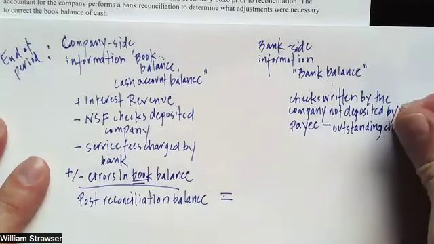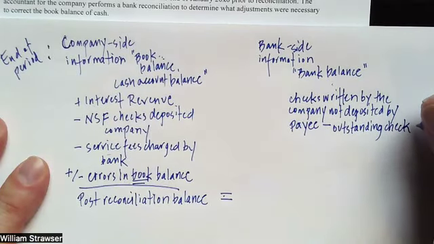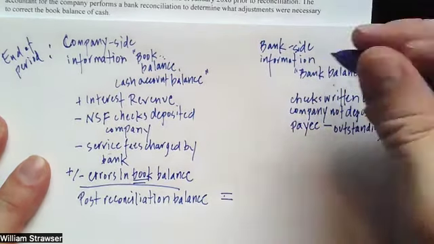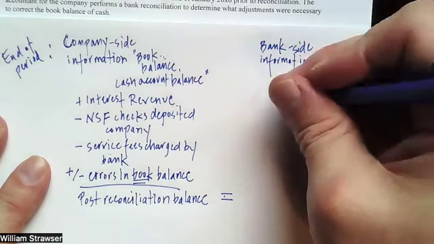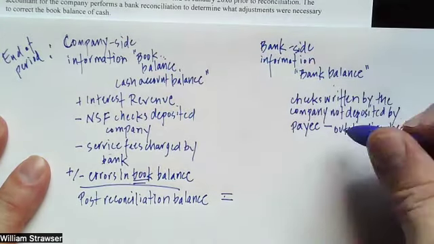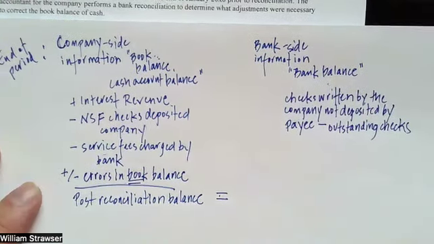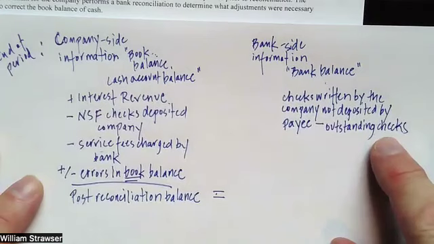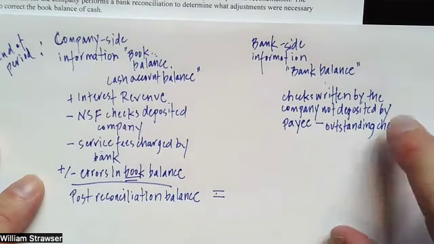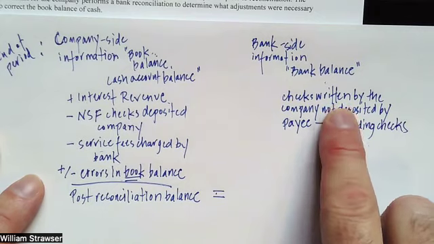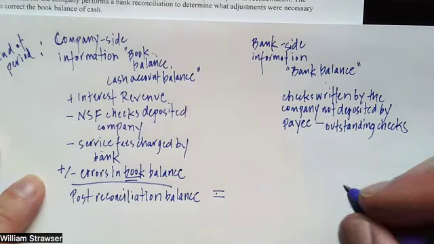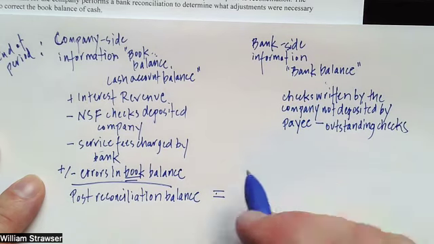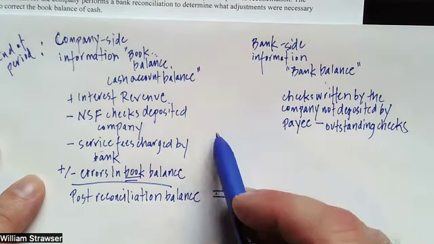So let's think about what the outstanding check is for a moment. Especially in a generation who I would imagine probably doesn't write many checks. Checks written by the company, outstanding checks. So, does the company know about these outstanding checks? It should, yes, because it was written by the company, right? The company made out a check, made it payable to, we'll say, their utility provider, and at that moment that they wrote that check, they can debit utility expense, credit cash.